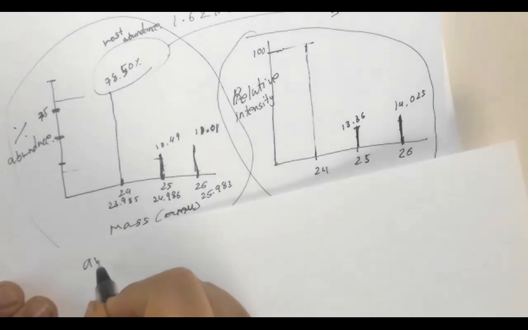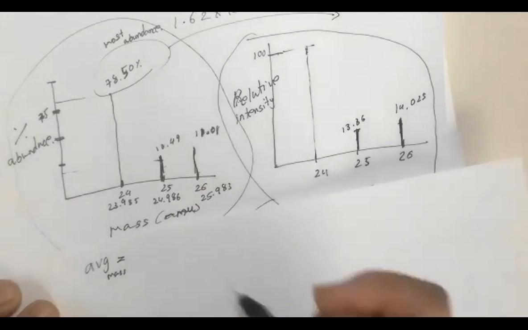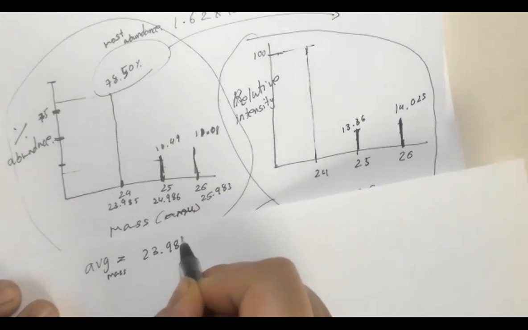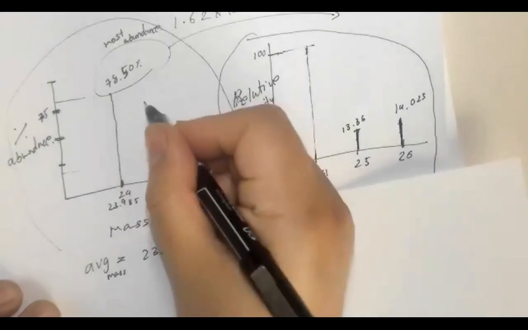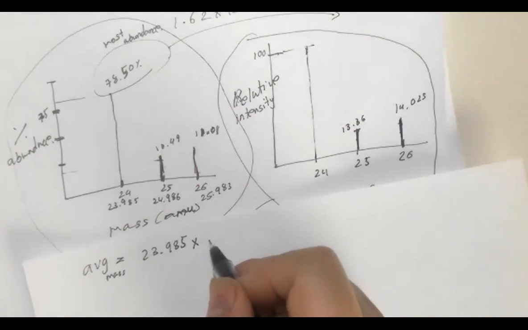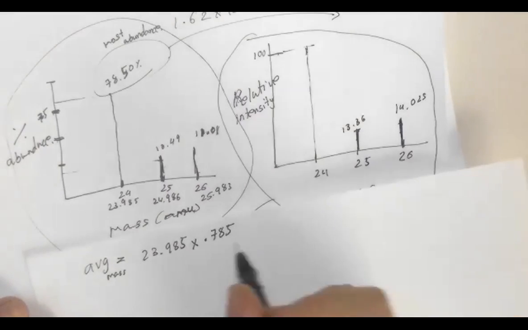Again, same thing. Average mass is equal to the mass of each one, which is 23.985, multiplied by this, which you can do as 78.5 divided by 100, or 0.785. You see that? Part over whole.